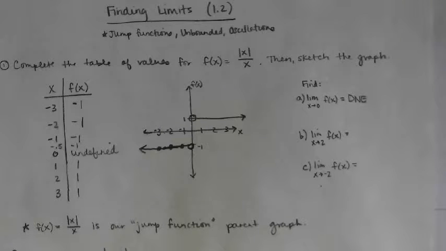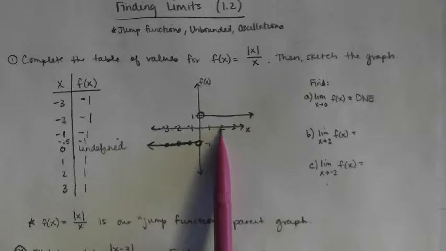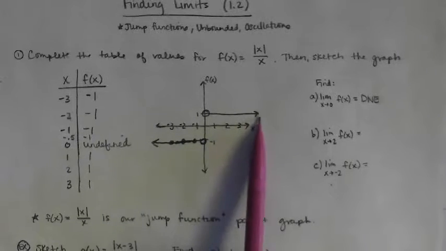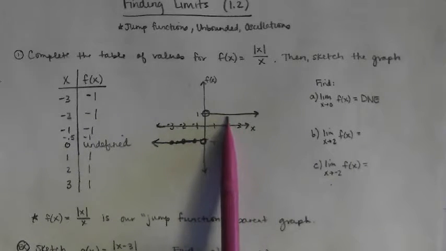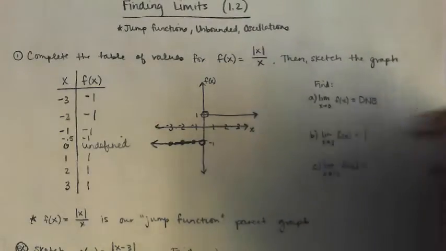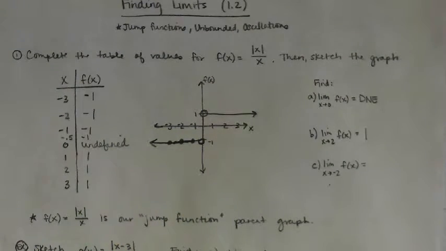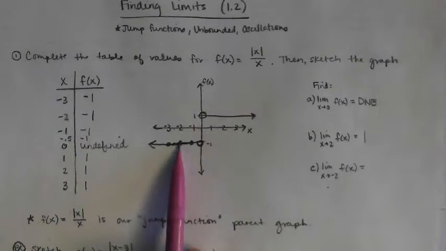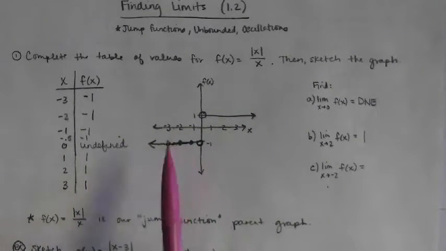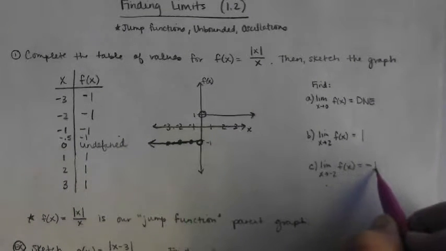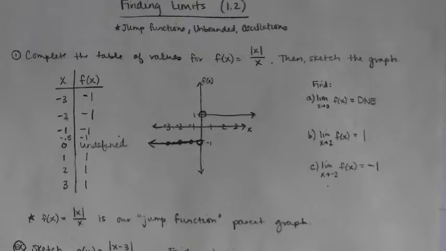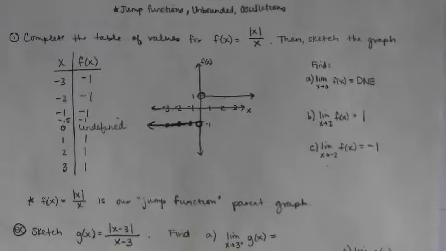What is the limit as it approaches 2? 1, right? So as it approaches 2 from the right and from the left, both of those have a y value of 1. And as it approaches -2, which is here, from the left and from the right, both have a y value of -1. Okay? So that is our parent graph for a jump function.